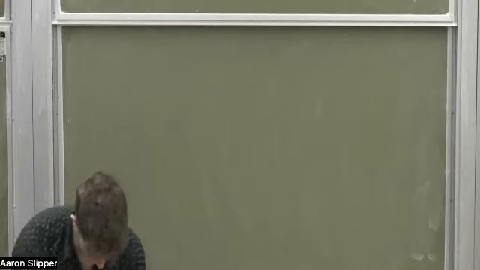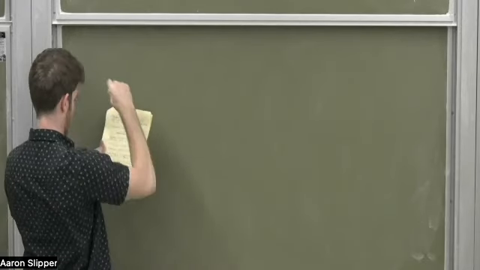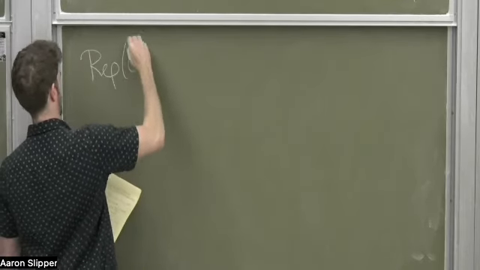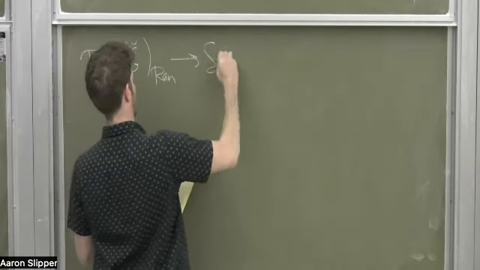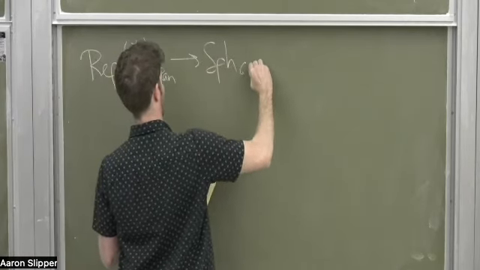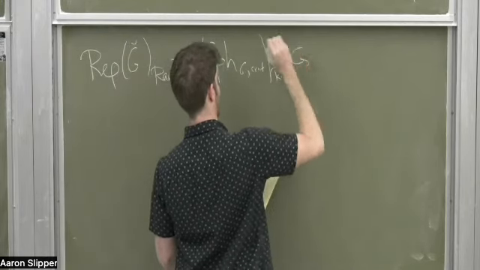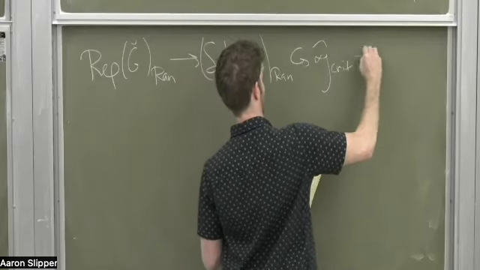Okay, and then in particular, the spherical category over Ran, at critical level, is going to act on the Kac-Moody category.